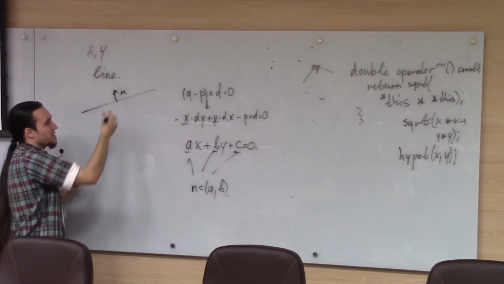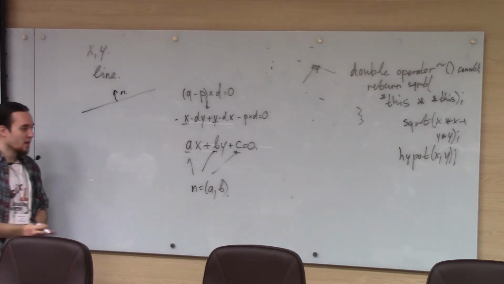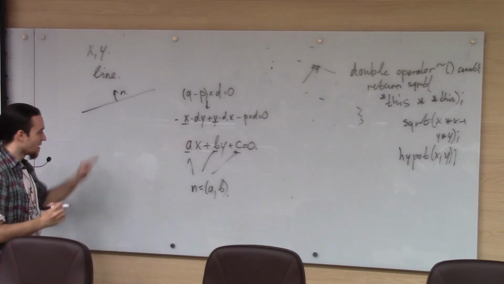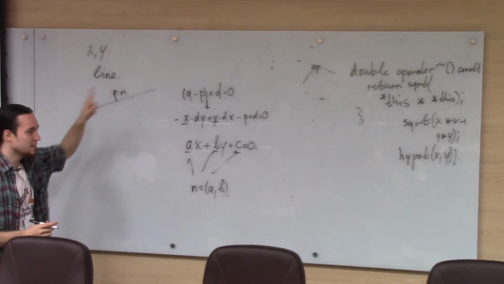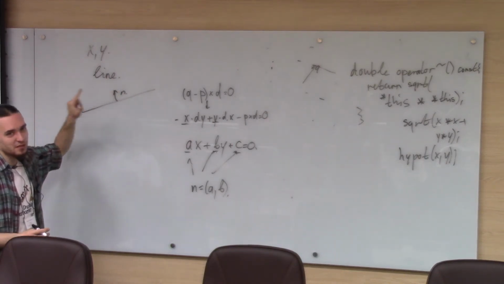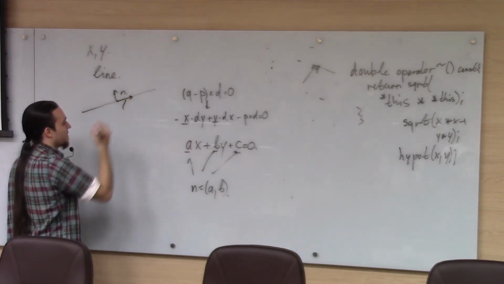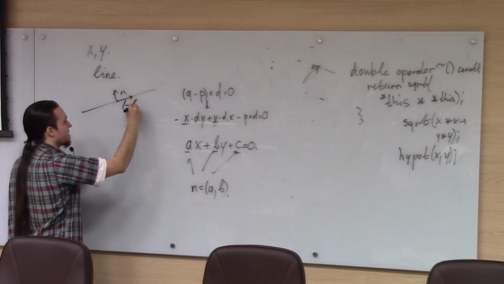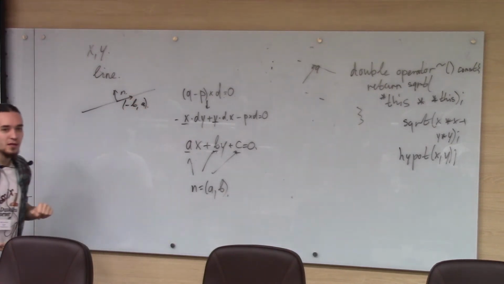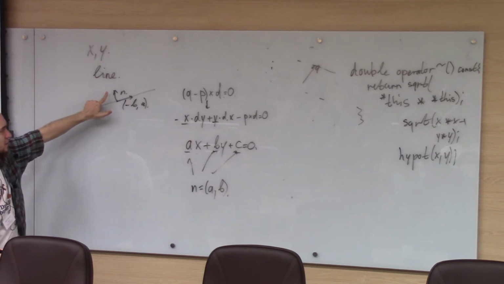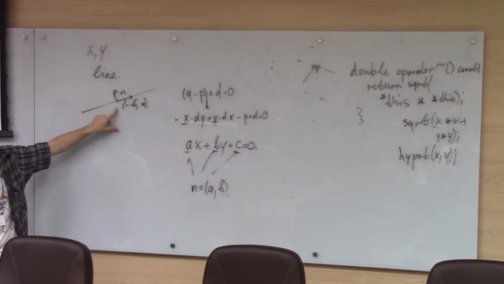Okay, so it points in one of the directions. And if you want to have a vector that goes along the line, then you can take this vector and rotate it by 90 degrees in one of the directions. For example, one of the vectors that you can obtain is (minus b, a). Why is this orthogonal? Because if you take the dot product of these, you get 0.